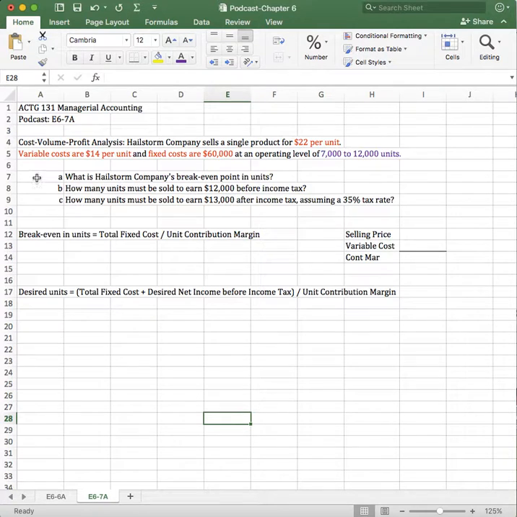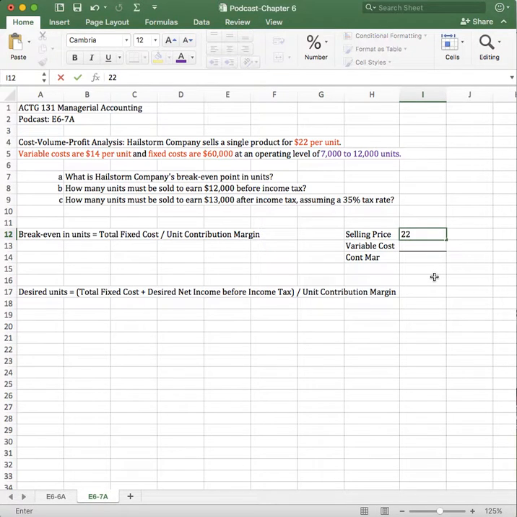Okay, so the first one, what is Hailstorm's company break-even point in units? So here is the equation. Break-even in units equals total fixed cost, which are 60,000, divided by unit contribution margin. So let's calculate the unit contribution margin over here.